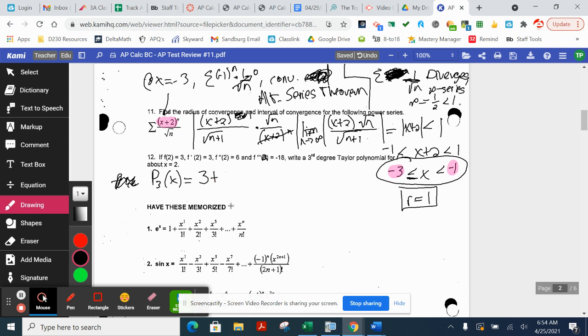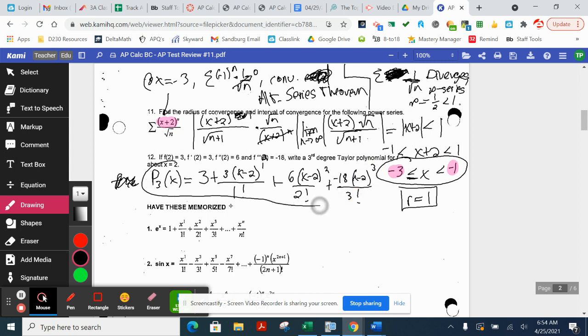And then we would do plus our first derivative value, and then x minus 2 to the first power over your first factorial. Second derivative, second power, second factorial, and finally our third derivative, third power, third factorial. And then that's that.